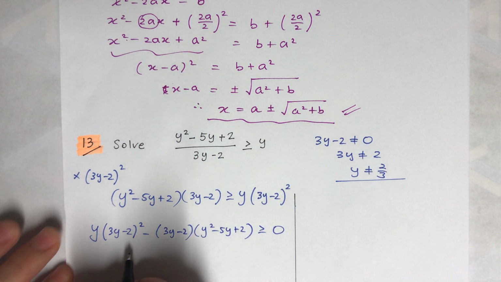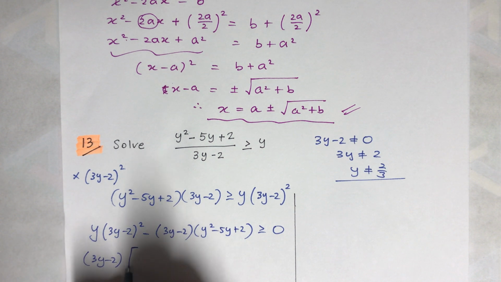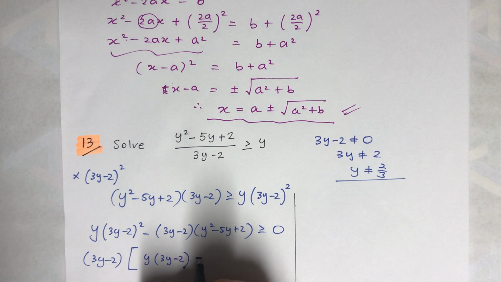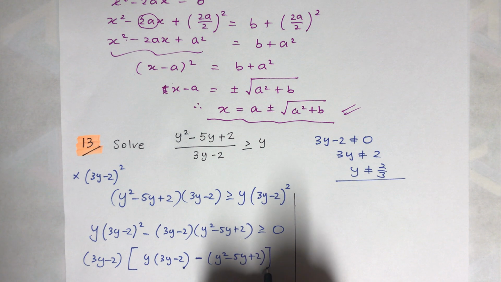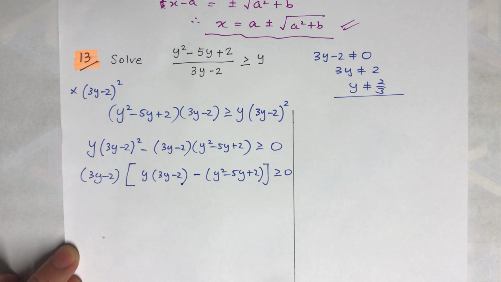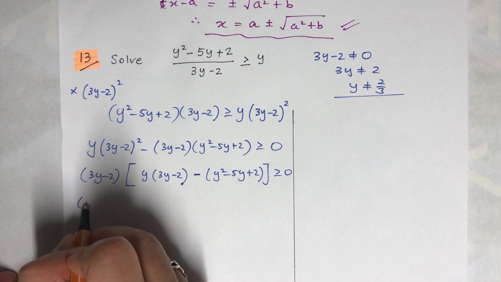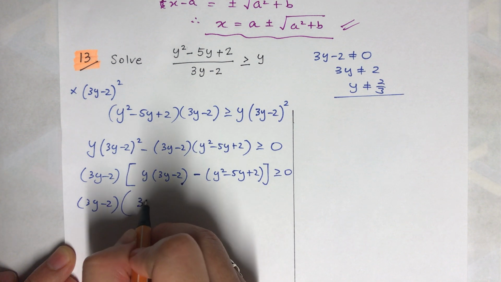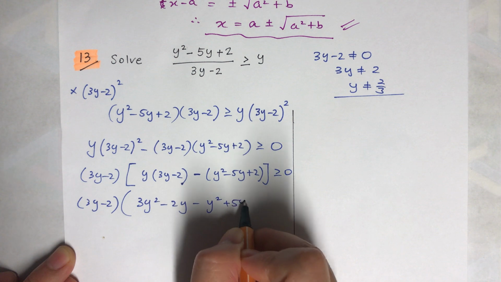Now, what is a common factor? Do not expand this. Minus. Make sure you pause it and have a break and come back if you need to. So I've got that, and here I get 3y squared minus 2y plus 5y minus 2.